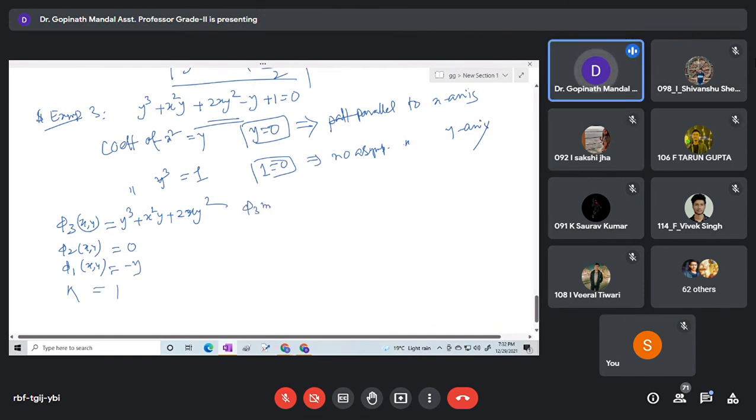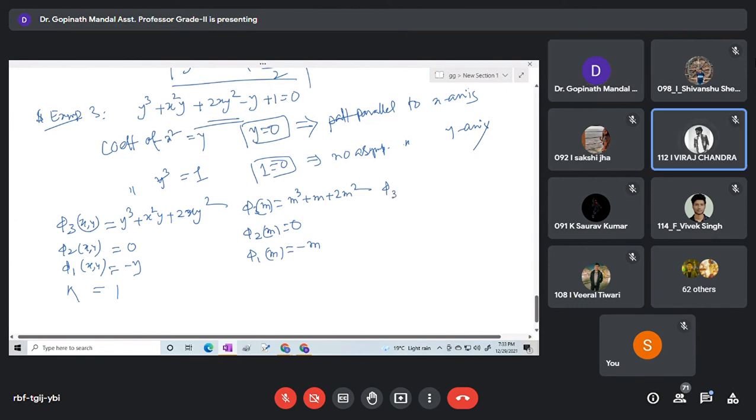So phi 3 m will be equal to m cube plus m plus 2m square. Phi 2 m is 0, phi 1 m is minus m. Now phi 3 dash m, just calculate: 3m square plus 1 plus 4m. Phi 2 dash m is 0.